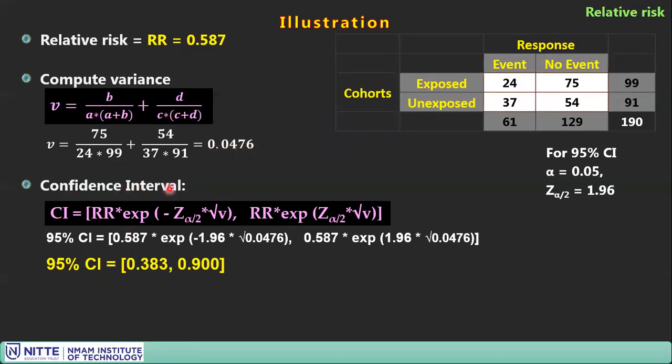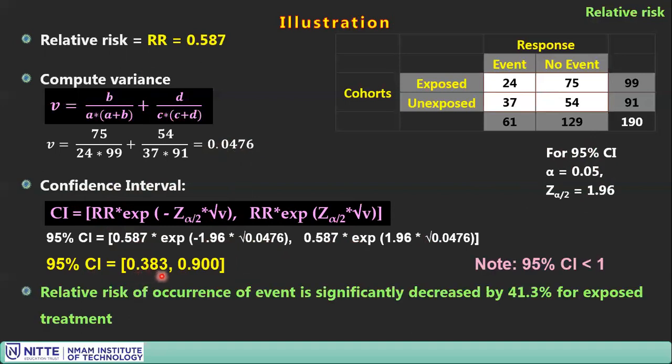Then for the confidence interval value, we'll use the equation, and when you substitute, relative risk is 0.587, variance 0.00476, and 1.96 I'll be taking because I'll be using 95% confidence interval here. So I'll be taking two values. I get the 95% confidence interval equal to 0.383 to 0.9.